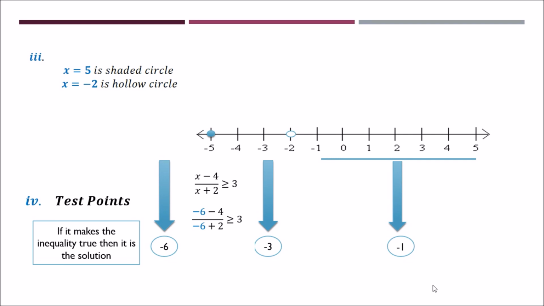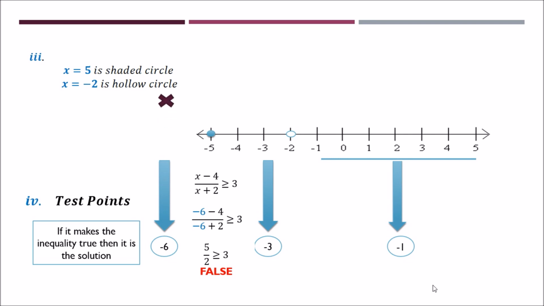So from the original problem, x minus 4 over x plus 2 greater than or equal to 3, substitute -6 for x, and that will give us -6 minus 4 all over -6 plus 2 greater than or equal to 3, and that will give 5 over 2 greater than or equal to 3, which is false because 5/2 is lesser than positive 3.